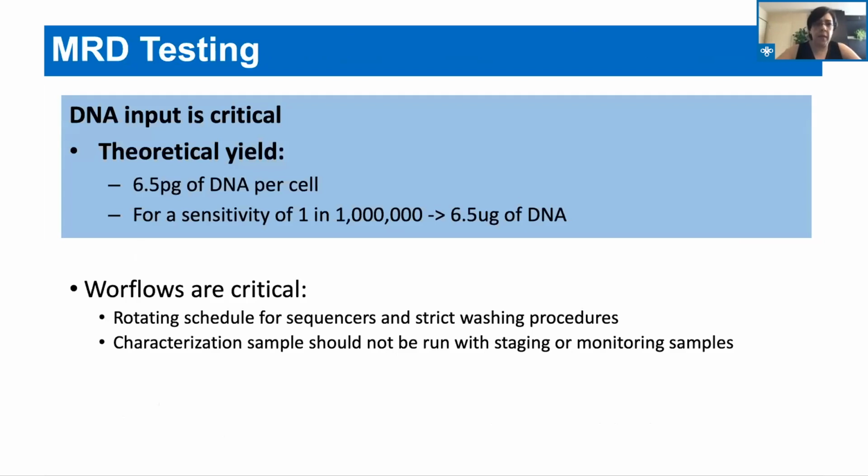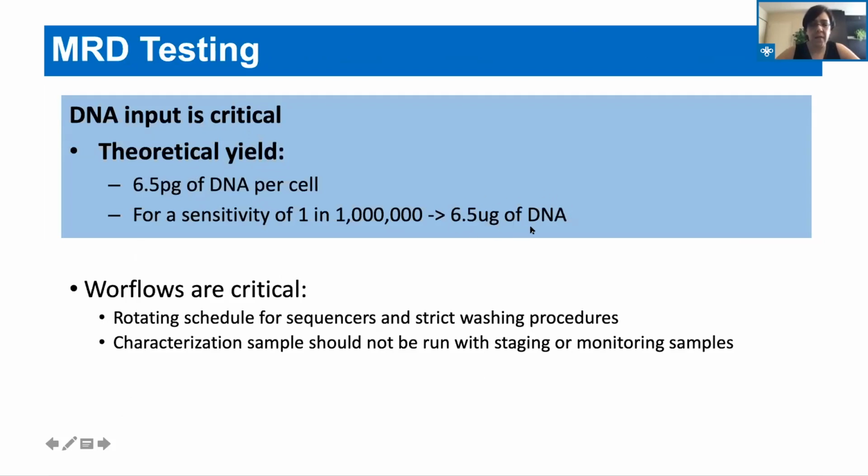So another important factor during your monitoring of the samples is that there are two things that are critically important. Well, obviously, DNA input is entirely critical. If you took the theoretical yield of 6.5 picograms of DNA per cell, to be able to get to a sensitivity of 1 in a million, you need a lot of DNA, about 6.5 to 7 micrograms to be able to get to that level.